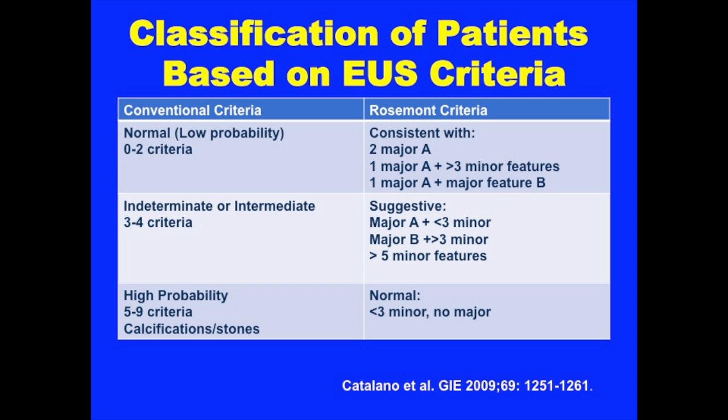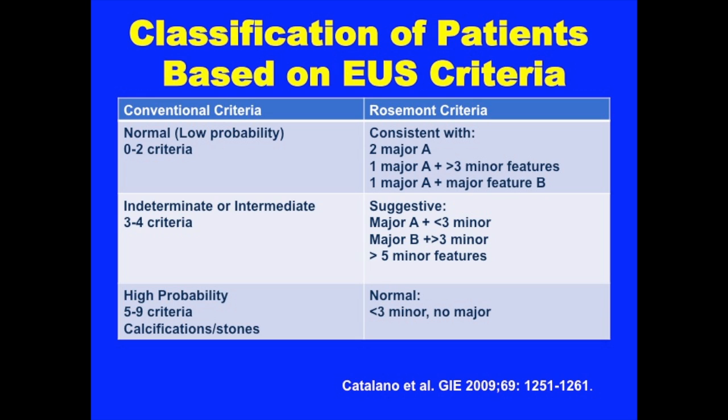If we look at the classification systems for what we've had in the past versus Rosemont, we can see that in the more conventional type, we have less than 2 as being normal, 3 to 4 as being indeterminate or intermediate, and high probability is 5 to 9, or the presence of calcifications or stones. For Rosemont, the normal is, again, less than 3, which is 2 or less.